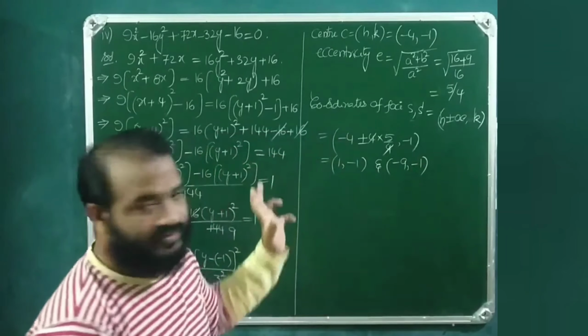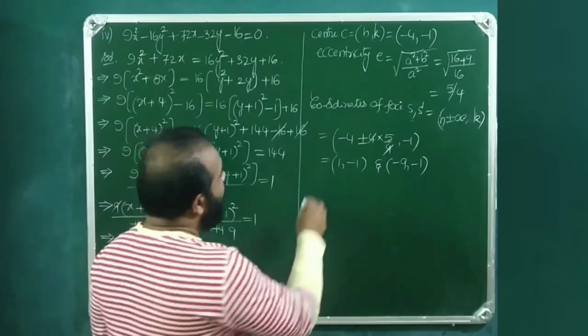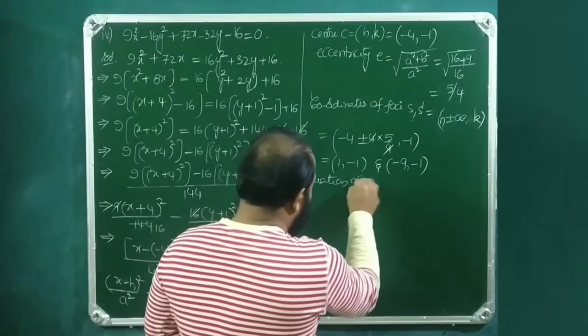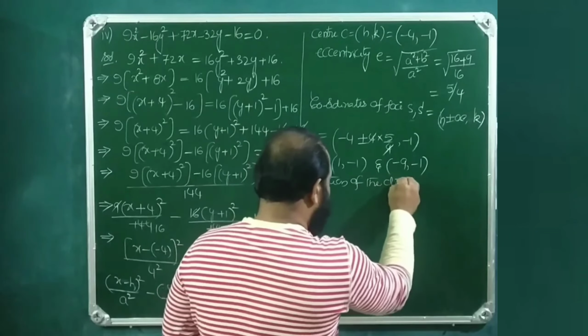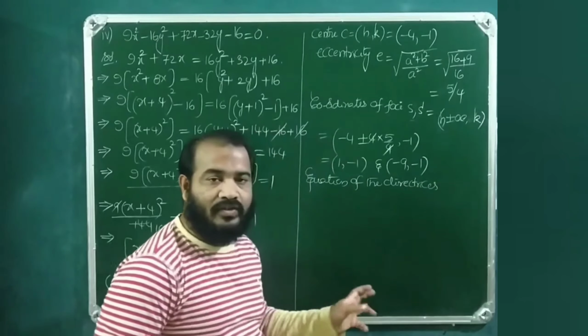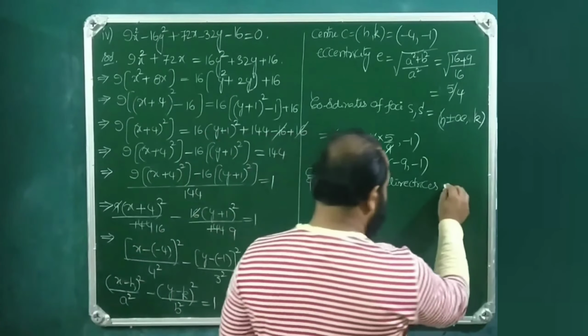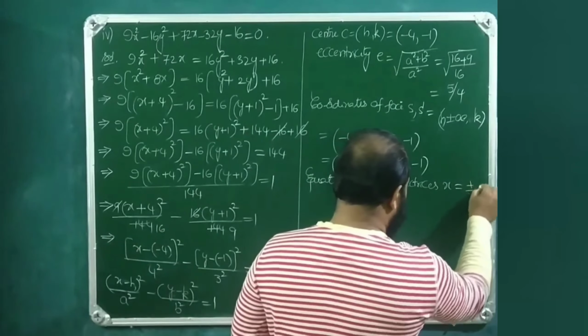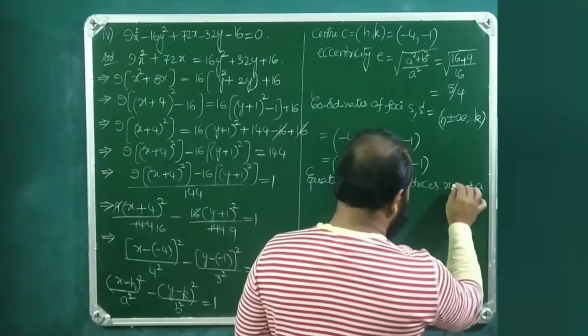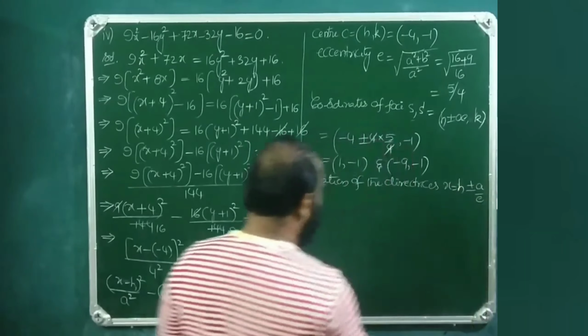So these are the coordinates of foci, and now the equation of the directrices. x is equal to plus or minus a by e, and with this h is to be added. So h plus or minus a by e.